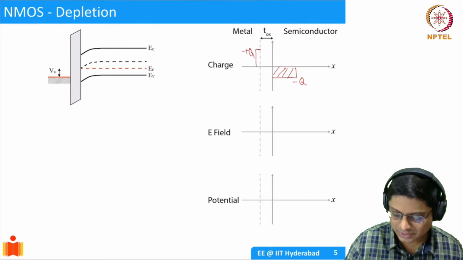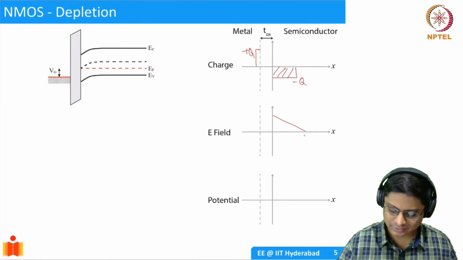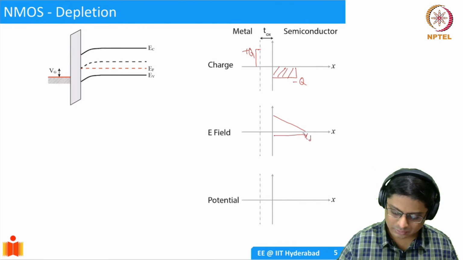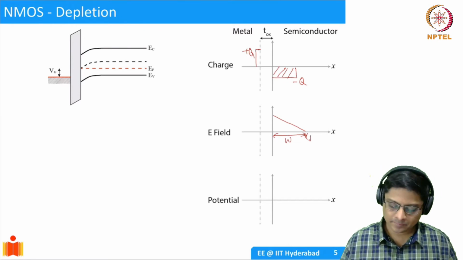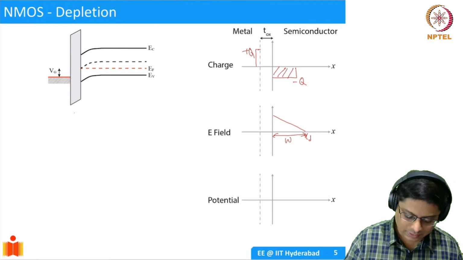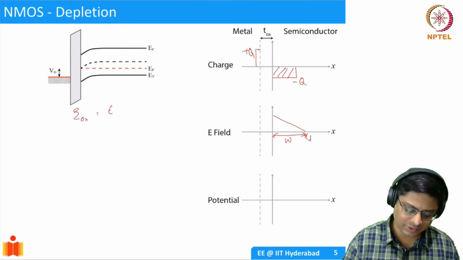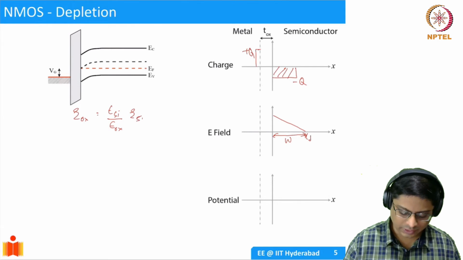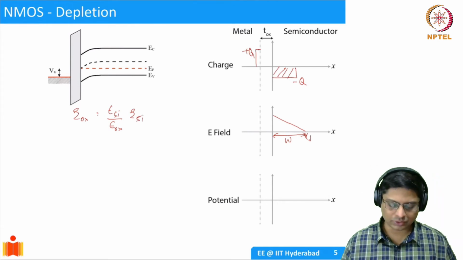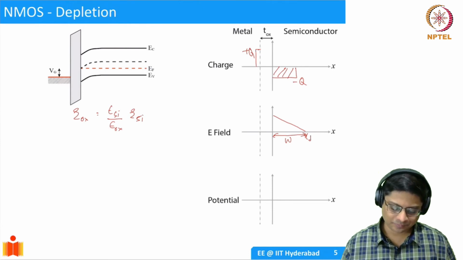And we have already seen that this should be, let's say, XD, and this is your W. So now we saw that electric field in the oxide should be equal to electric field in silicon times epsilon silicon divided by epsilon oxide. This is again coming from Gauss law itself.